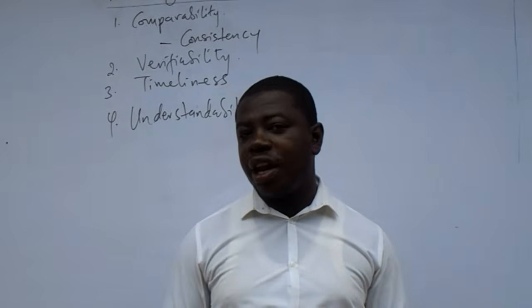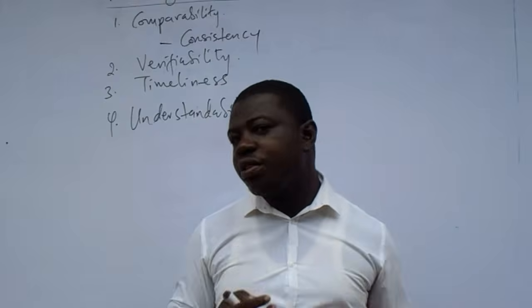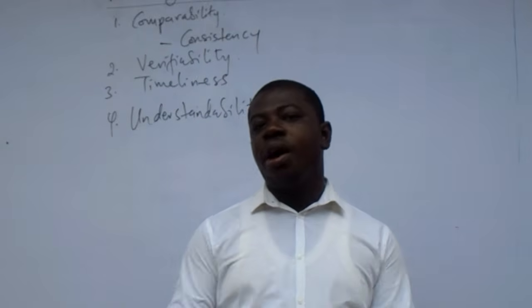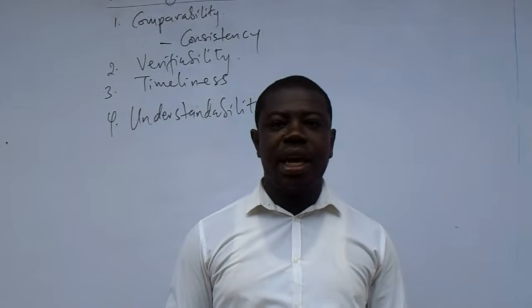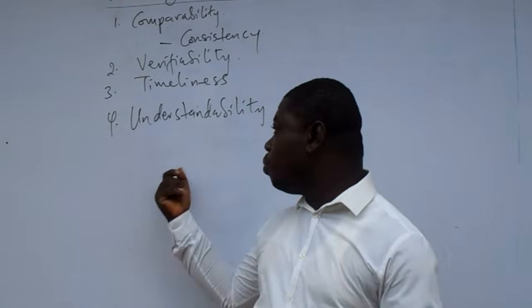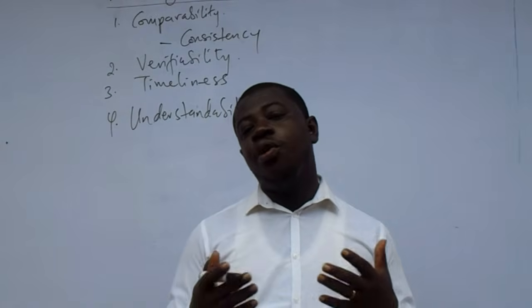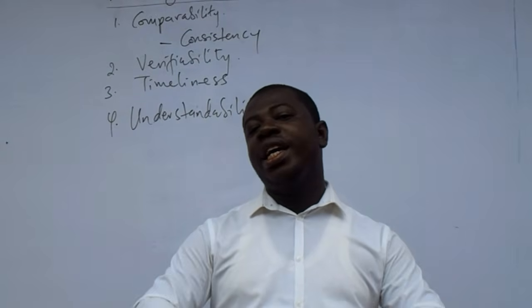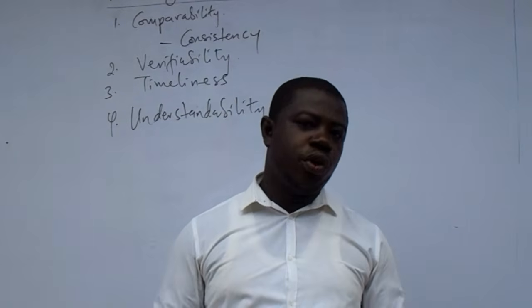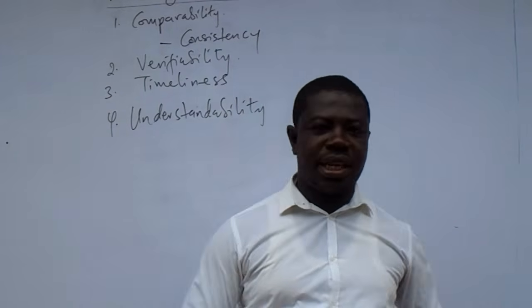Especially even with the choice of language, we should consider the users of the financial statement and choose language, words or vocabulary that will be easy to understand. And so financial statements should be understandable by the users. That is what we mean by understandability. The way the accountant will be able to make it clear in classifying and making it understandable to the users is what we mean by understandability.